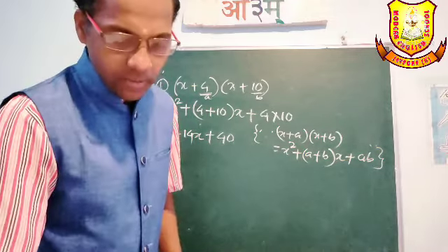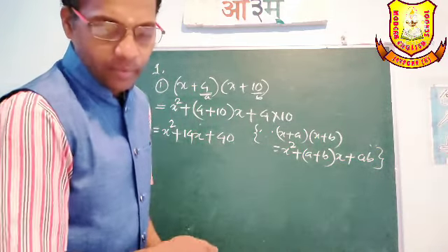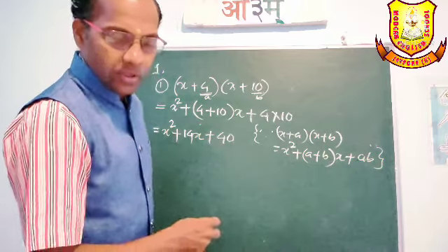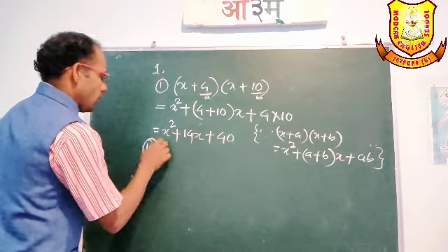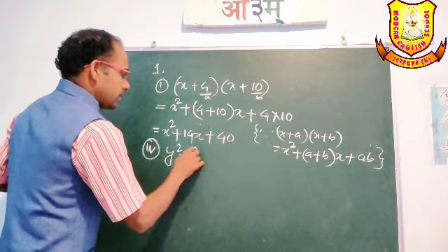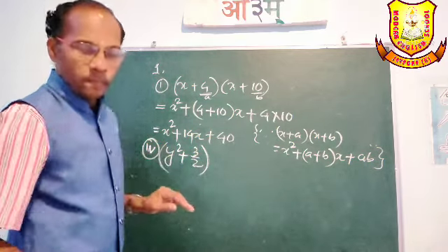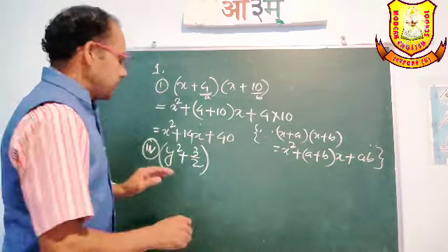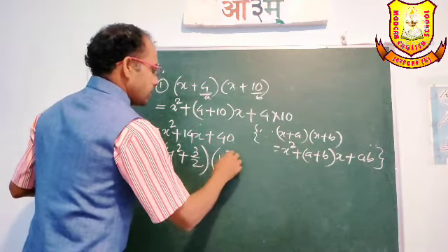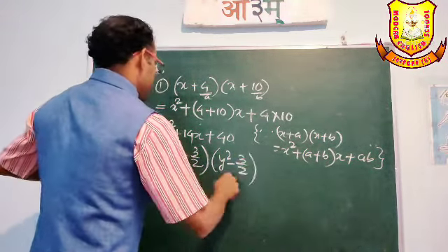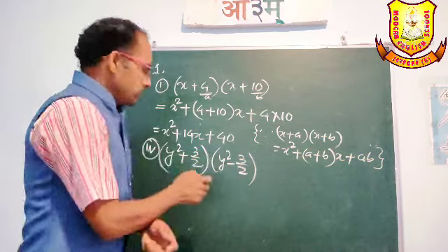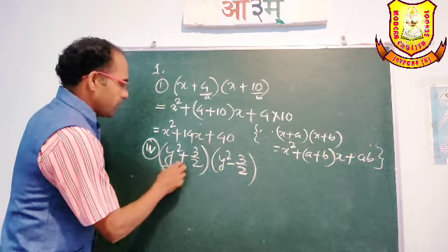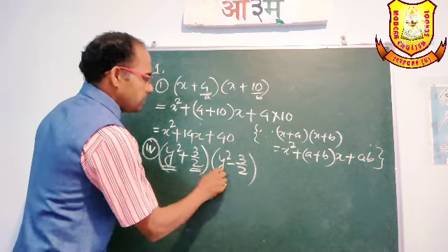Okay, another question. Fourth one I am telling: (y square plus 3 by 2) whole into (y square minus 3 by 2). See, here this one plus this one, whole into this one minus this one.